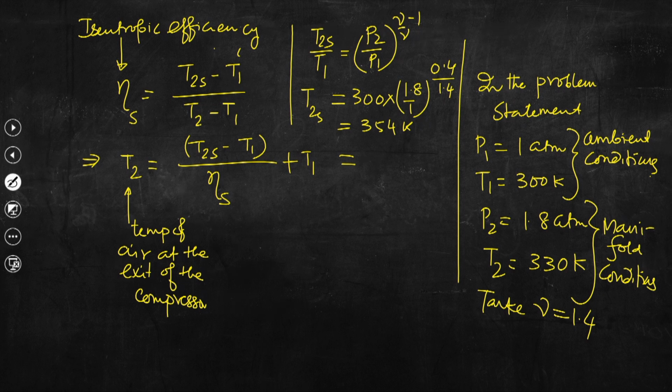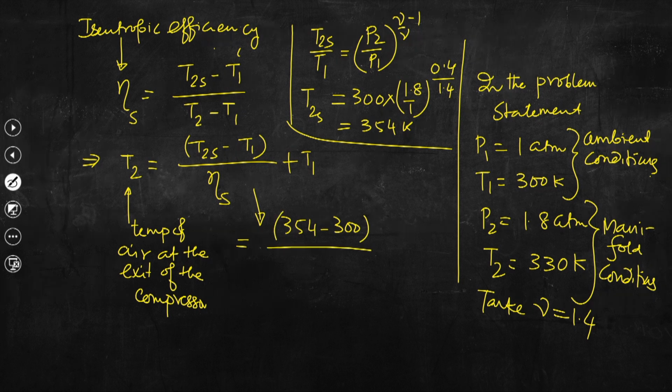Okay. So, if we plug in the value over here, then we will be getting T2 equal to 354 minus 300, isentropic efficiency of the compressor is given 75%, so 0.75, plus T1, that equal to 300. So, this is coming as 372 Kelvin.